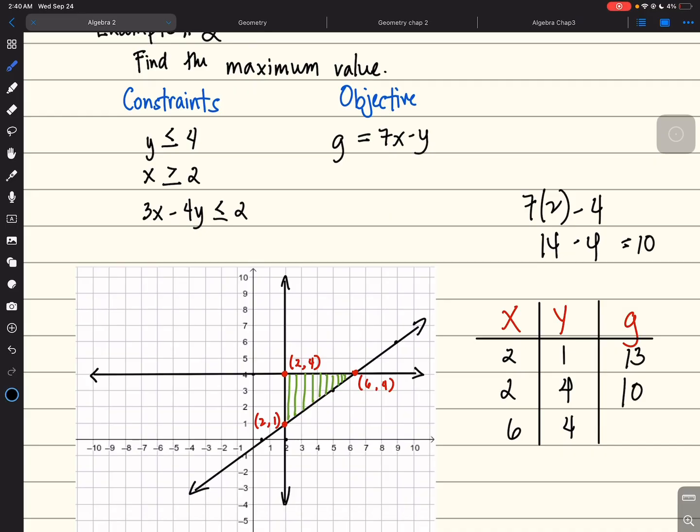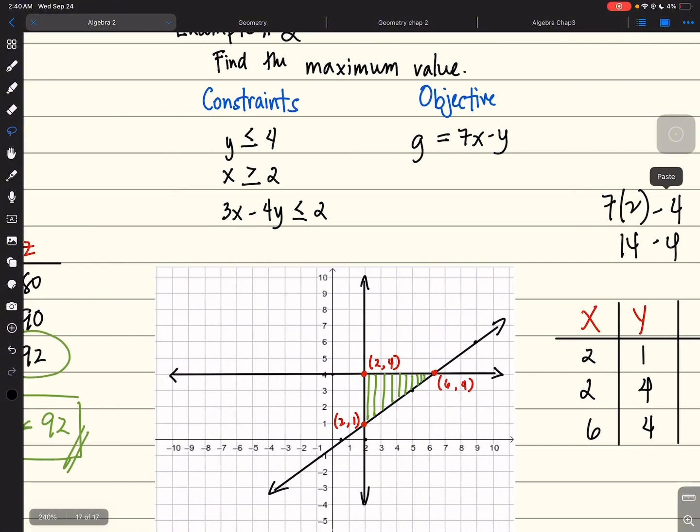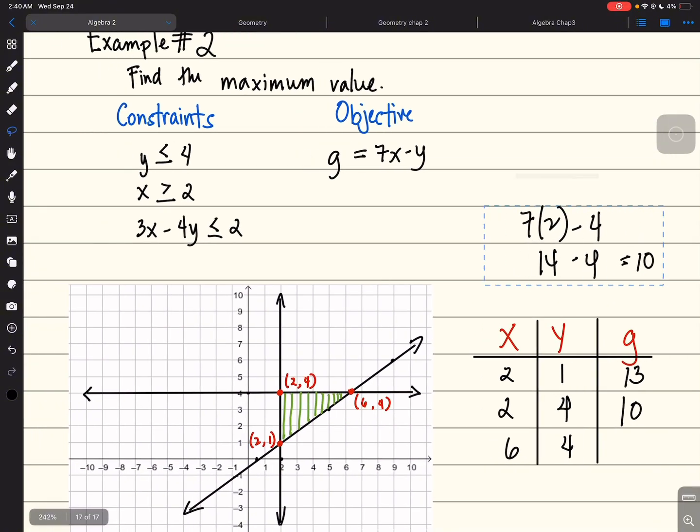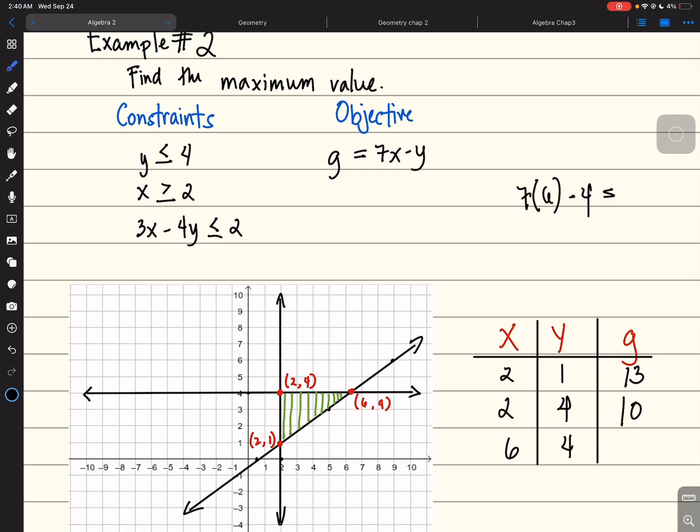How about for the third one? So 7 multiplied by 6 minus 4 equals 6 multiplied by 7, so that is 42, minus 4, that is 38.